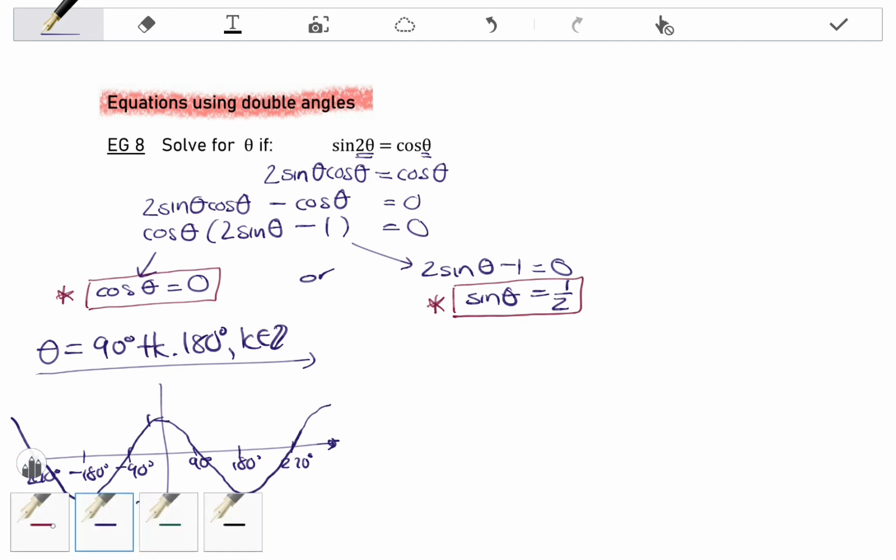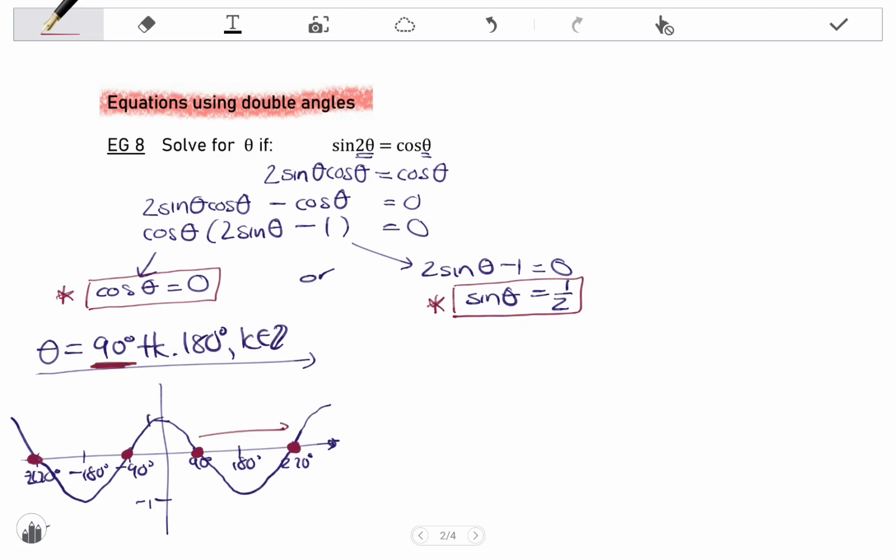So our x values where y is 0 are negative 90, negative 270, 90 degrees, 270. So if you look at the 90 degrees, and if you add multiples of 180, you get the rest of the values. Okay, so if you know your graph, it's very quick and easy to find the solution.